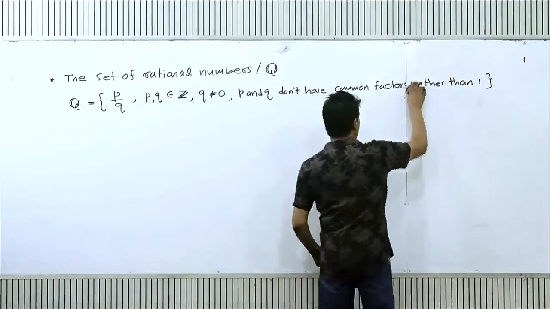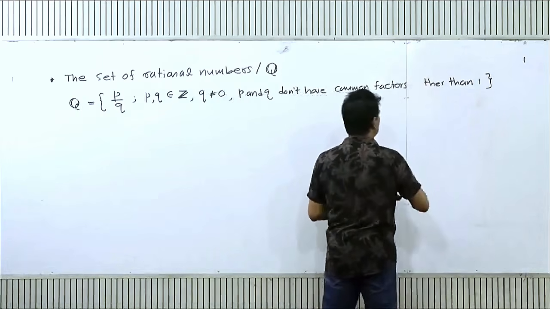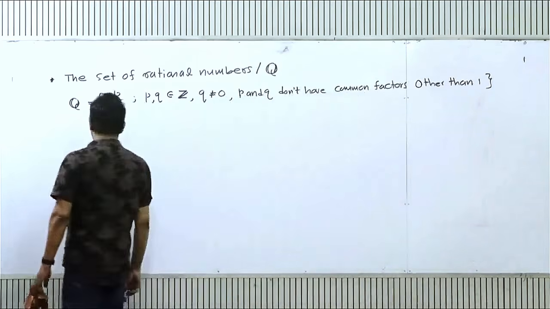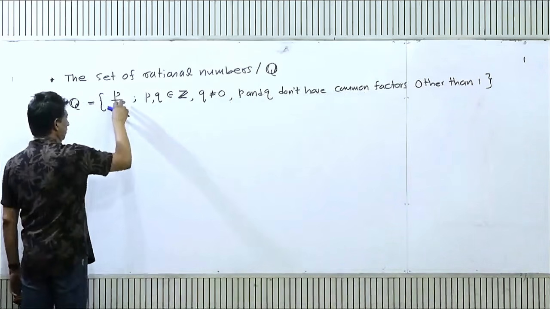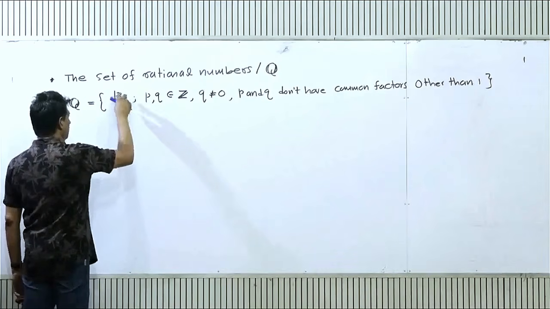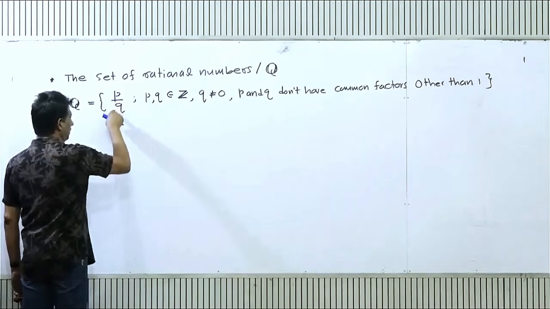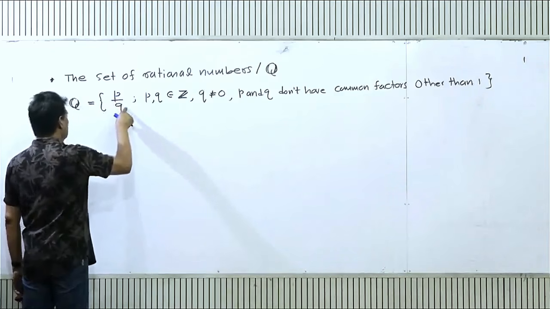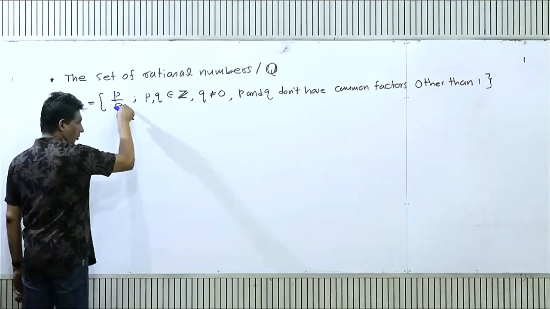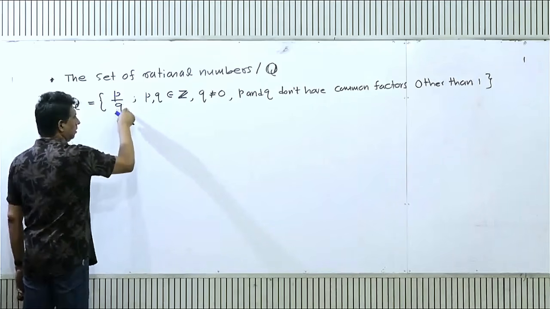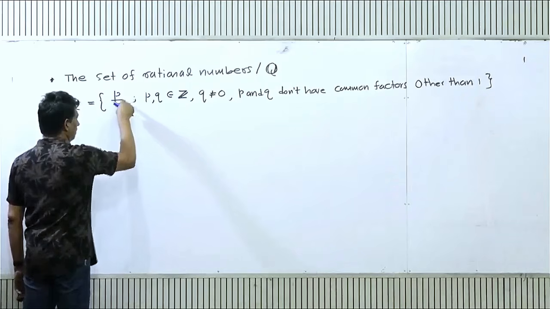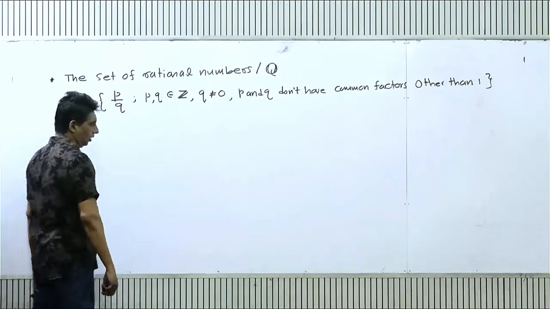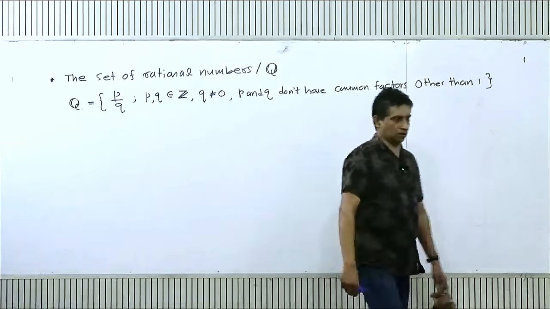That means in rational numbers, the numerator and denominator should be integers, but the denominator integer should not be equal to 0, and the only common factor these two integers have is 1. Other than 1, there should not be any common factors.